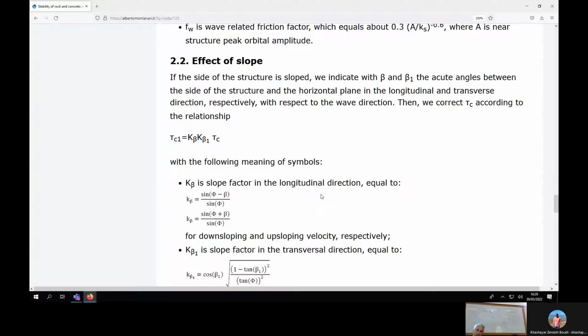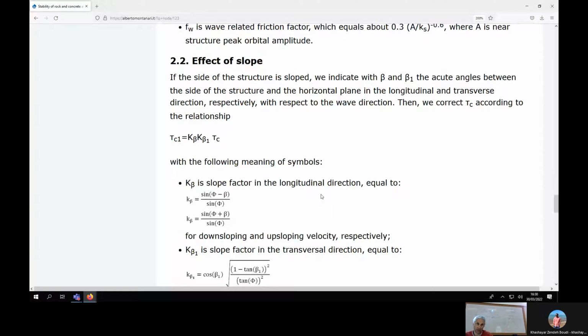So keep in mind that a groin, a breakwater, is normally sloped in one direction, which is the direction with the greater slope, and usually the slope is max on the side that is opposed to the waves.